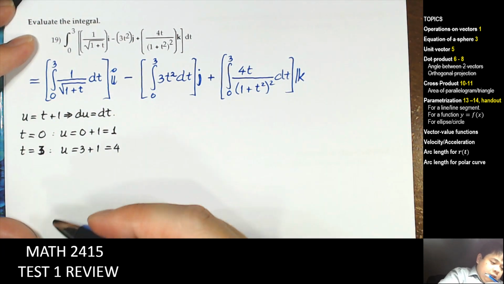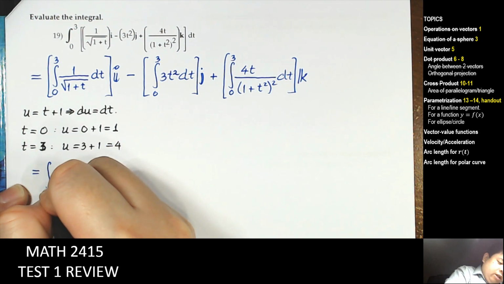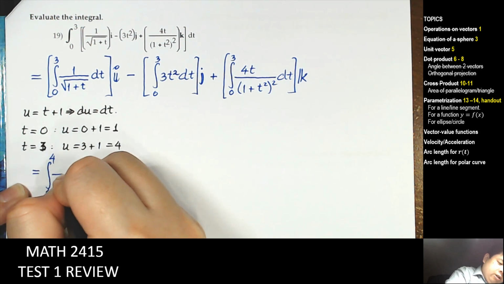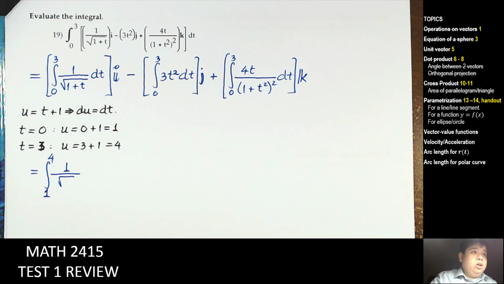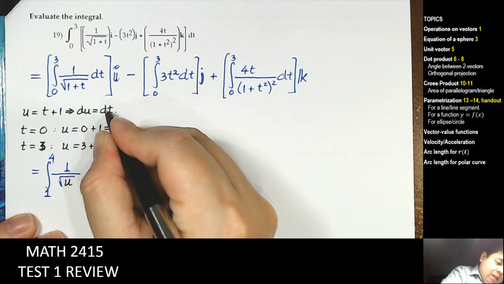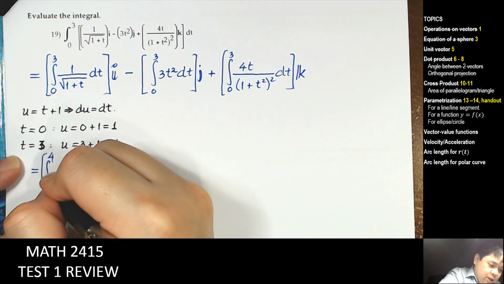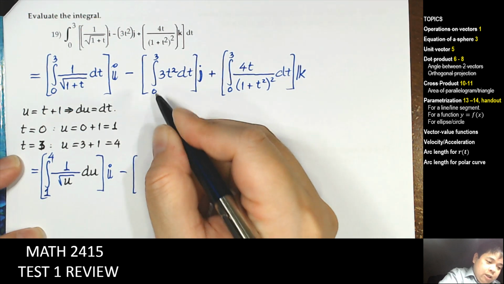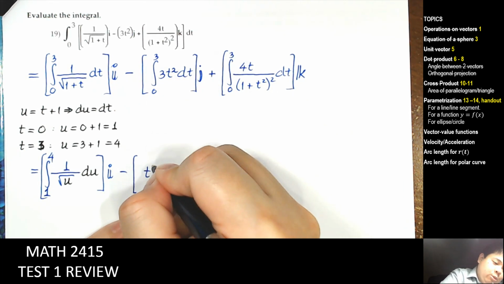So that integral becomes 1 to 4 of 1 over square root of u du. So this one is in the i component. This one is easy. 3t squared, so 3t cubed over 3, so that is t cubed.